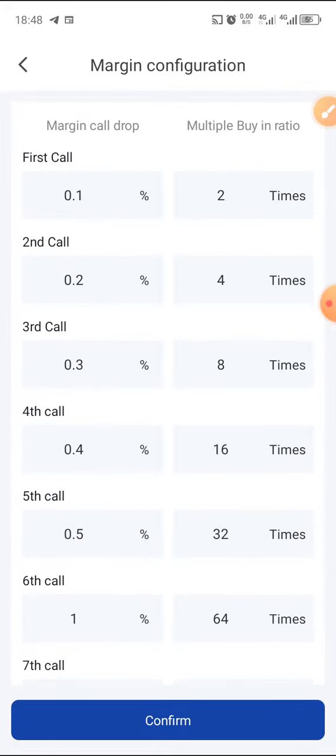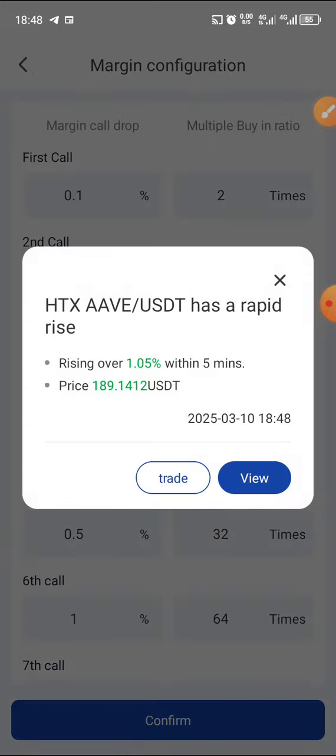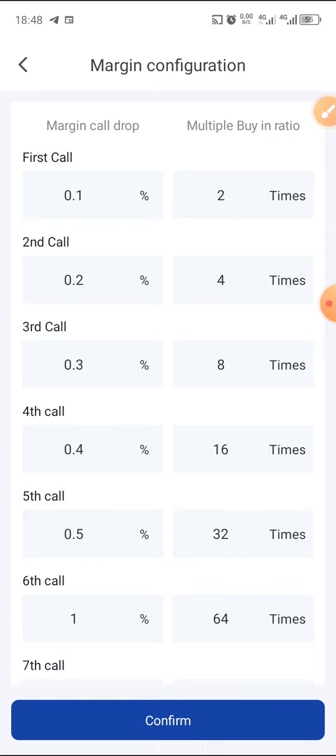Have you ever seen a screenshot of people making huge profits? And guess what? People of the same capital trading the same coin can make different profits. You know why?